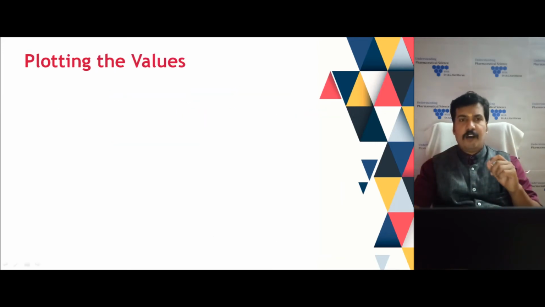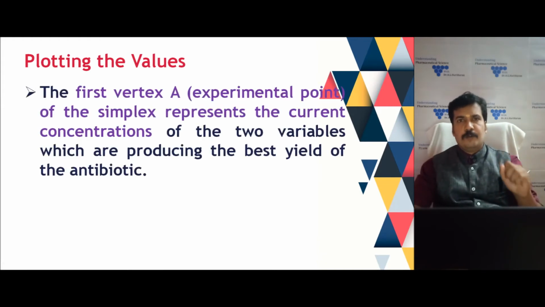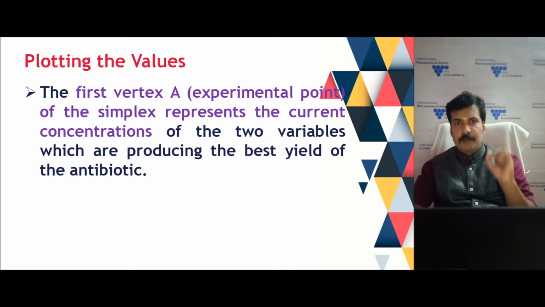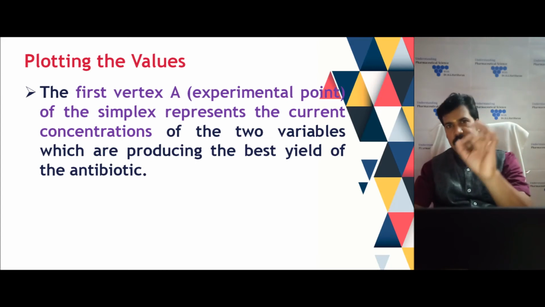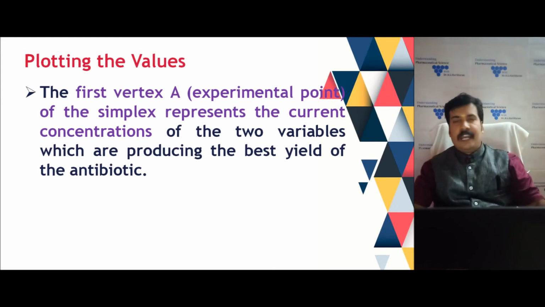So if you see how I am plotting these values step by step, I am performing the first experiment at vertex A. Consider this as experiment A. At point A, I have a carbon source and nitrogen source. It produces a particular antibiotic.